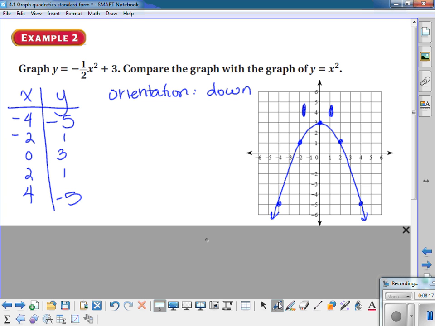And then what about, is this one being stretched or compressed? Is that one skinnier or fatter? It's fatter, it's wider, right? So when it's wider, that means we're compressing it, okay? And it's compressed by a factor of 1/2.